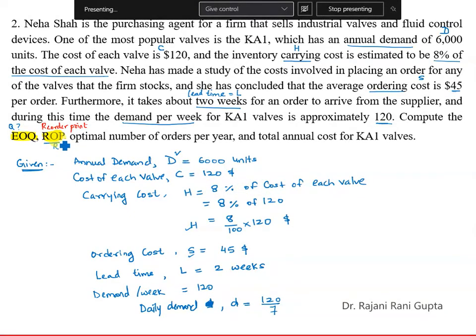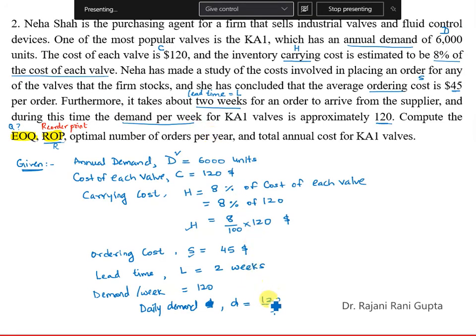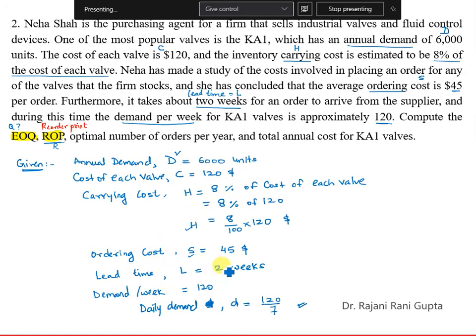Now for the reorder point, what is the formula? Reorder point, denoted by R, is d times L: daily demand multiplied by the lead time. So daily demand is this one, 120 over 7. And what is the lead time? 2 weeks.